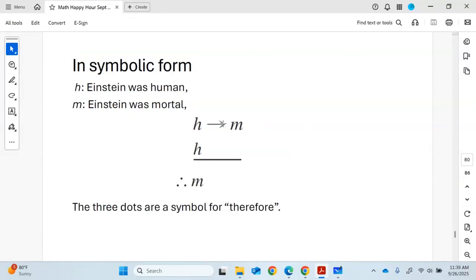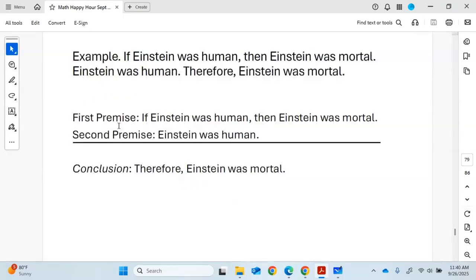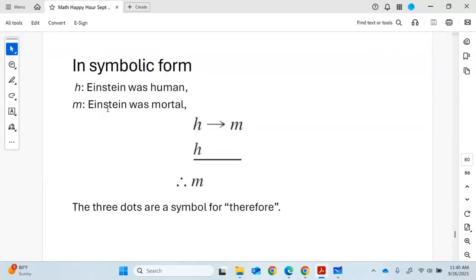And so the first premise was a conditional, so I can write it as H arrow M. Or as I typically say when I read it, H implies M. The second premise, let me go back, said Einstein was human. Well, that's exactly H. So premise number two is represented with the letter H.